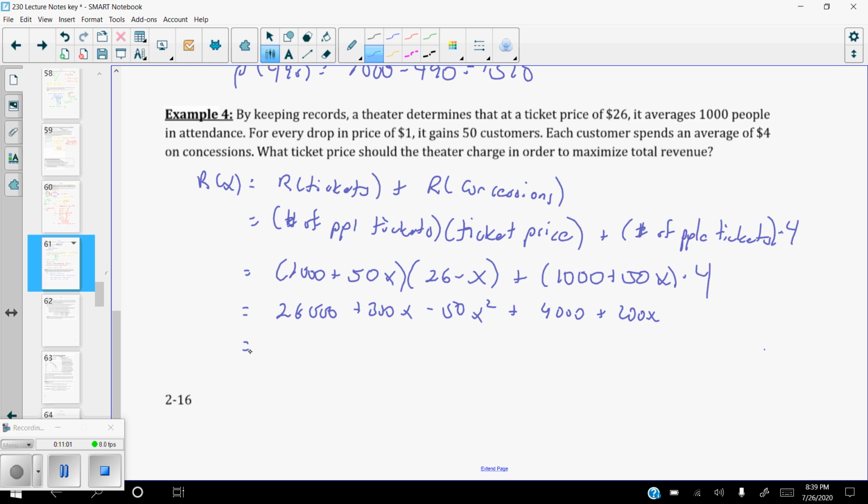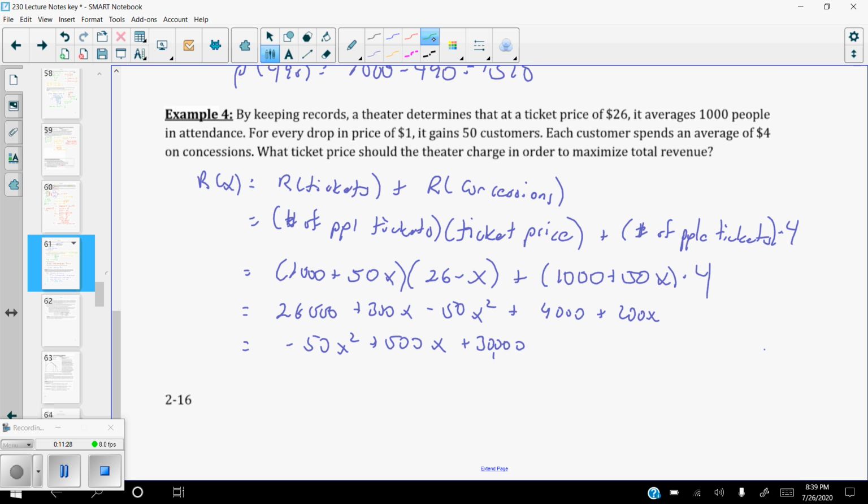So our revenue looks like it's going to be negative 50x squared. Let's see, combining 300x and 200x gives me 500x. And then 26,000 and 4,000 is 30,000. So that's our revenue. Now I want to figure out how to maximize the revenue. So now we're going to use calculus. We're going to take our derivative.